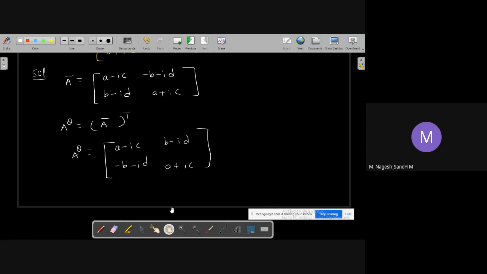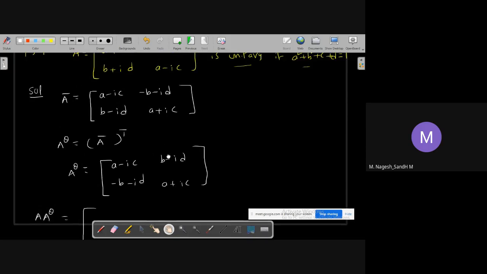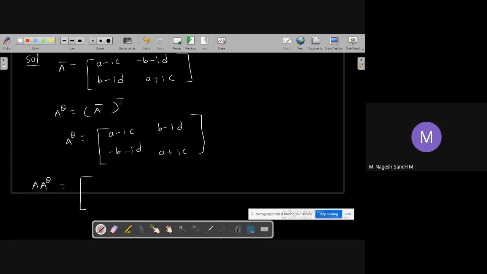Next we have to do A into A power theta. What is the A matrix? A plus ic, minus b plus id in the first row, and b plus id, a minus ic in the second row.